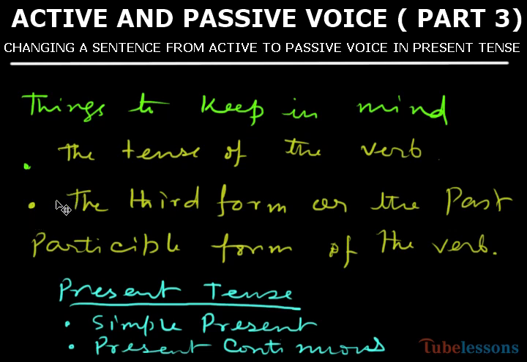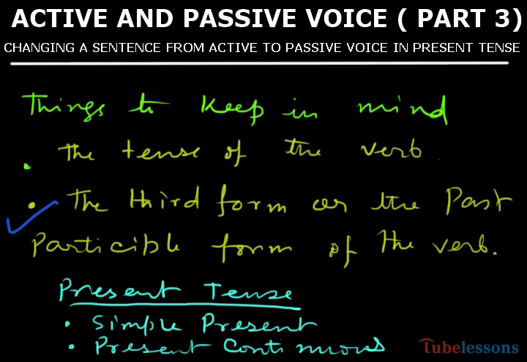So while changing a sentence from active to passive voice, you have to also change the action verb into the third form, the past participle form of the verb. Like do, did, done. Done is the past participle form of the verb do. So this thing is very important while changing into passive voice.